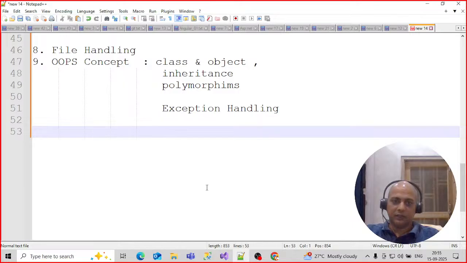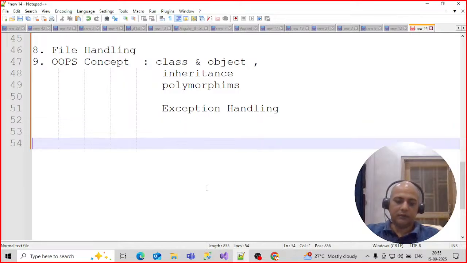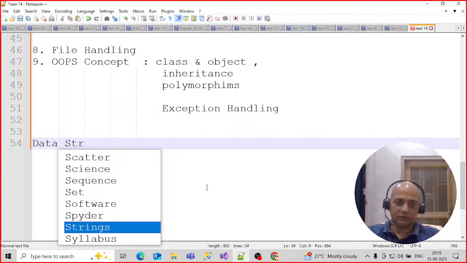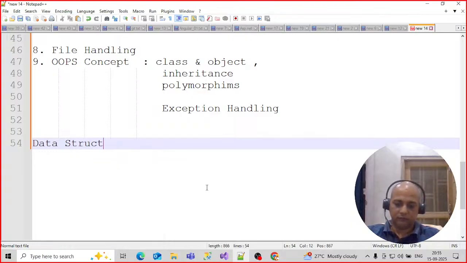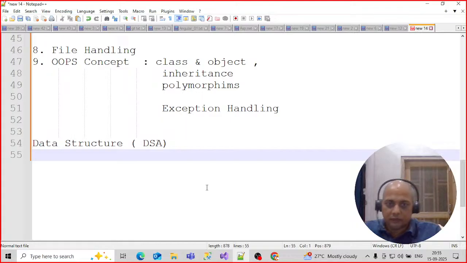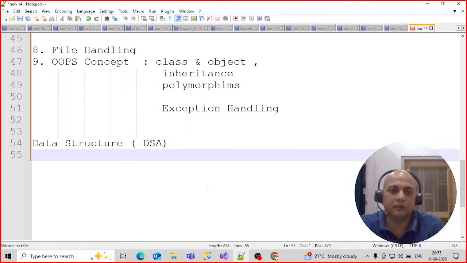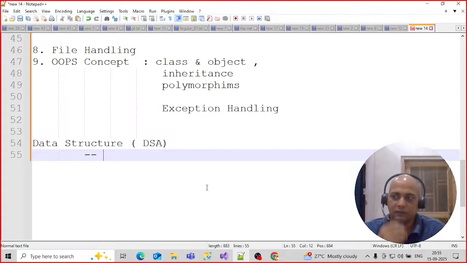We will be covering everything about data structures, DSA, right? Data structure and algorithm means DSA. In DSA there are various topics, but in the initial stage you study various topics which are very important. I can list them down.